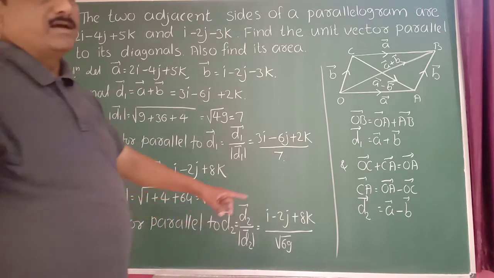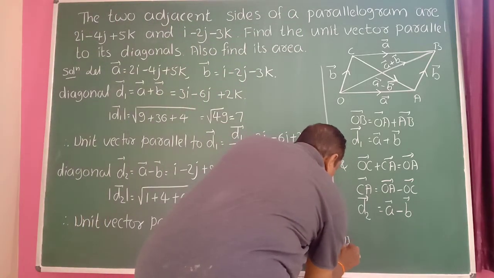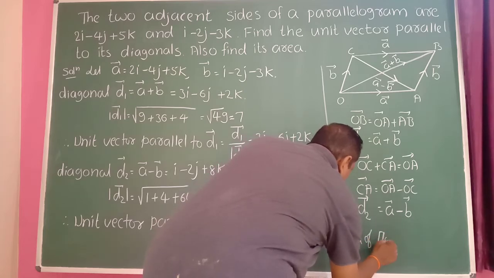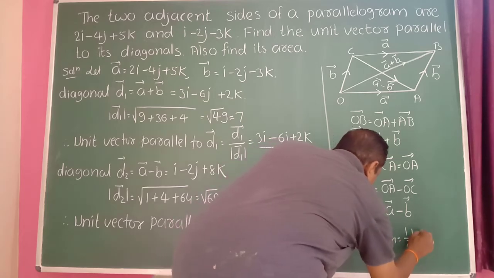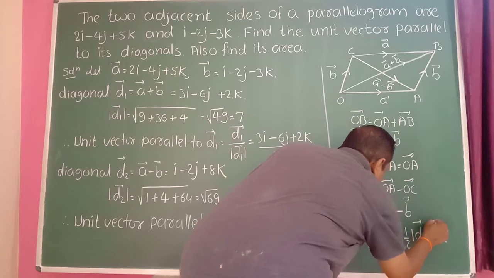And if you know the diagonals D1 and D2, then the area of a parallelogram is 1 upon 2 into modulus of D1 cross D2. This is one more formula.